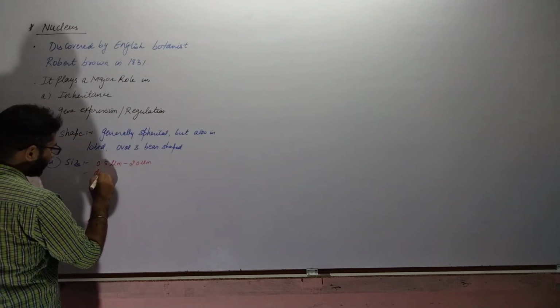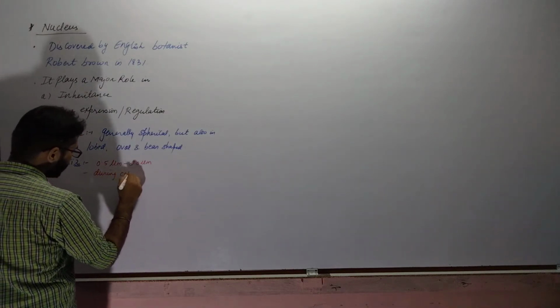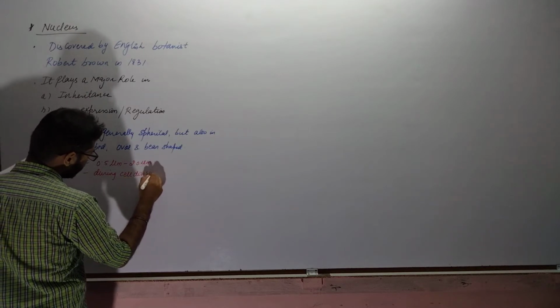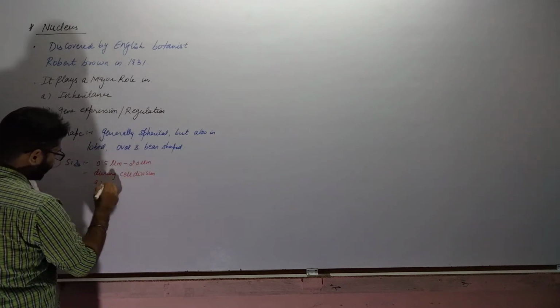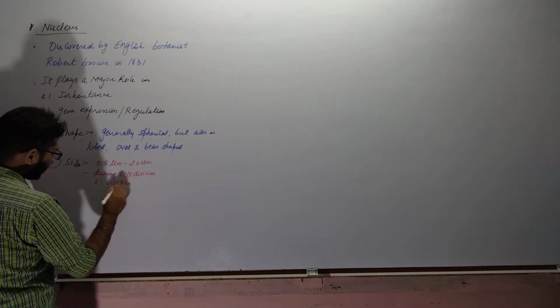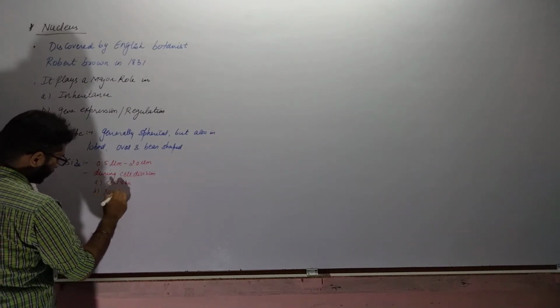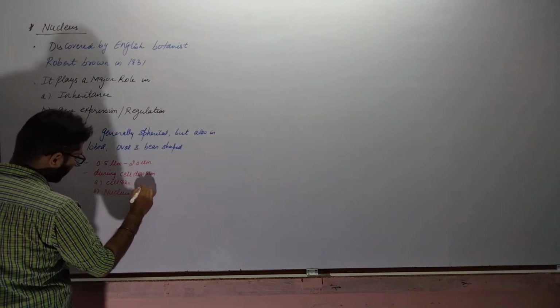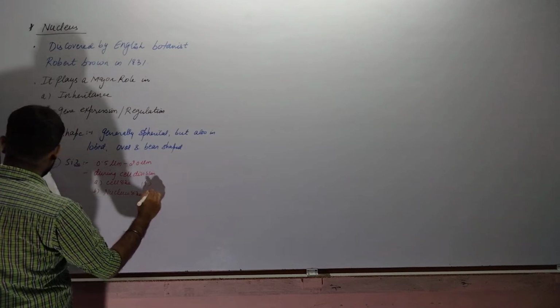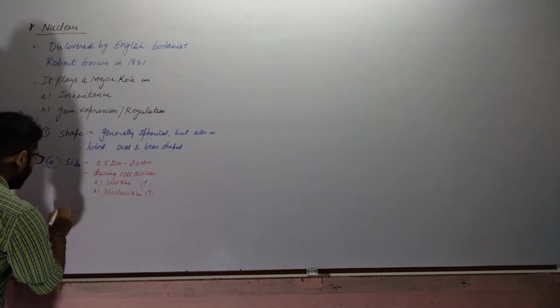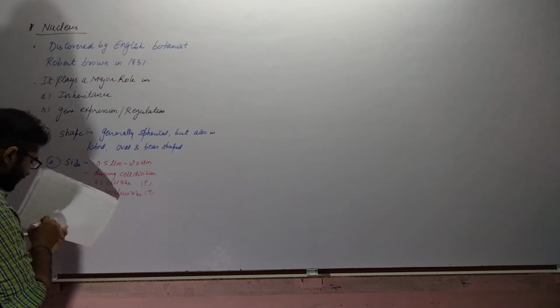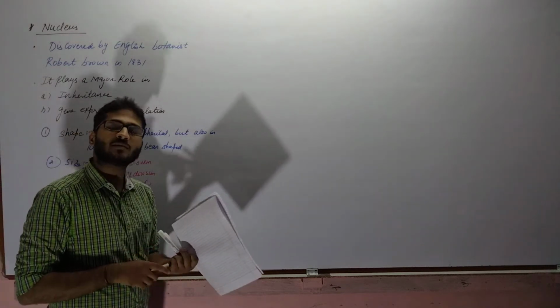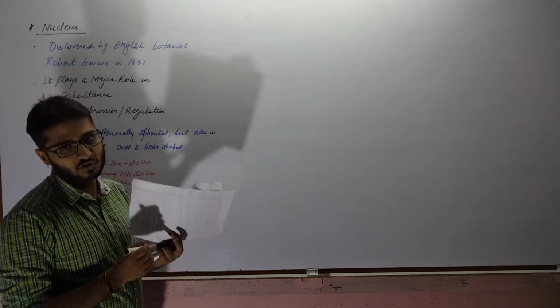But during cell division, cell size and nucleus size also increase. There are certain cells in the plant kingdom as well as animal kingdom which are devoid of the nucleus.